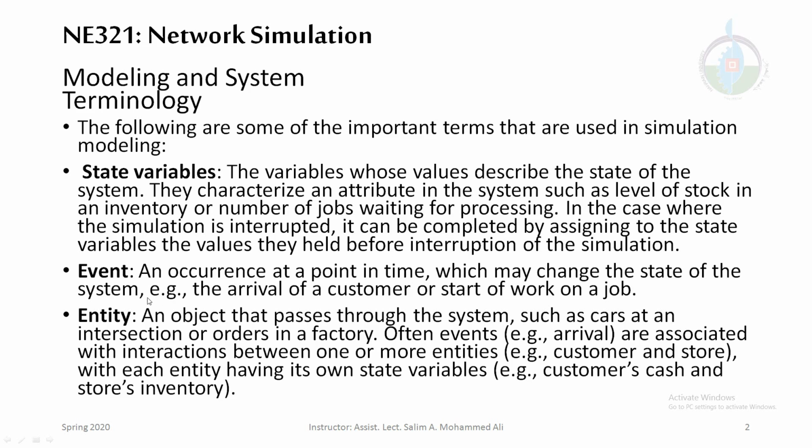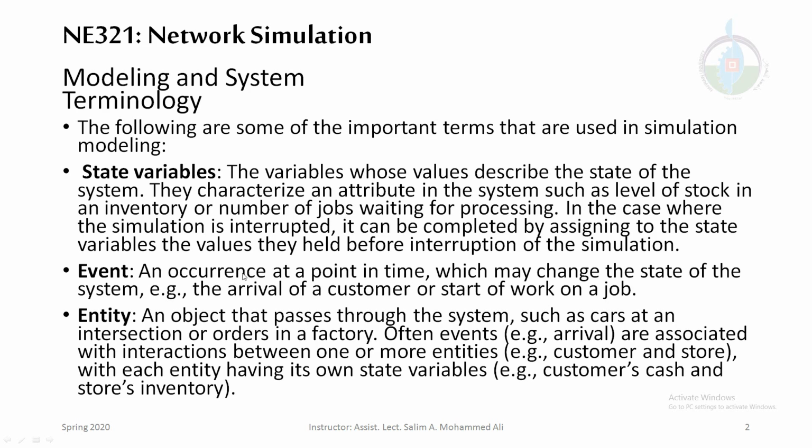The next term is event. An event is an occurrence at a point in time, which may change the state of the system. Example, the arrival of a customer or start of work on a job. An event is a point in the time of the simulation at which the state has changed somehow.